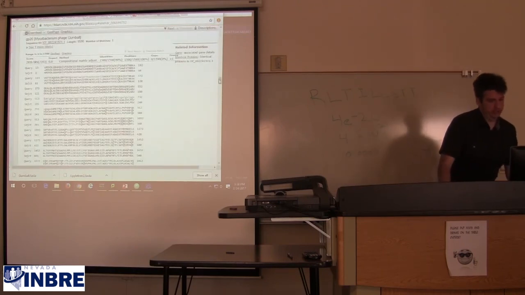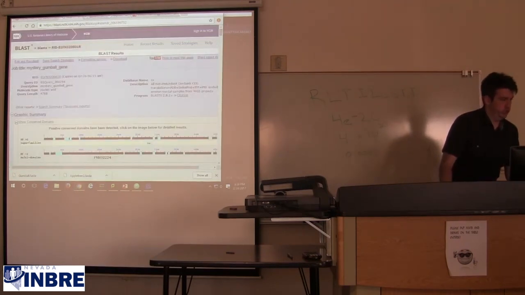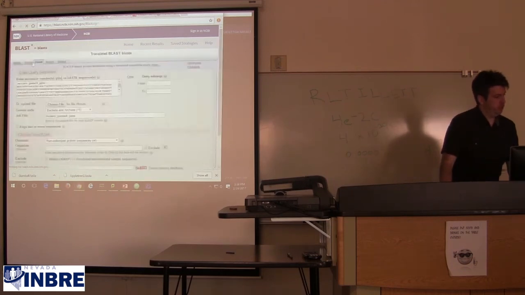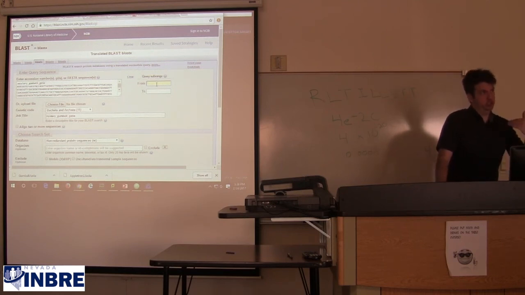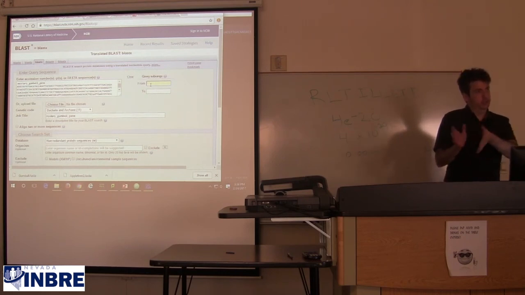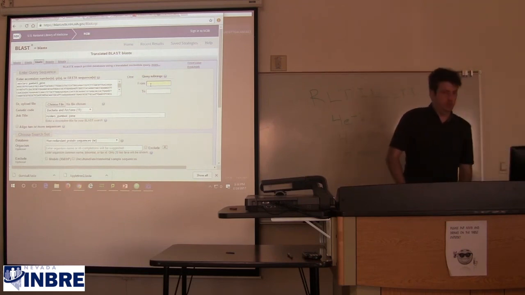If we go to our results for the mystery sequence versus NR, you go to edit and resubmit, right up at the top, next to where we pasted in our sequence, query subrange. So we could have done the whole genome and then entered those numbers, and it would have only searched through there as if the other parts didn't exist.